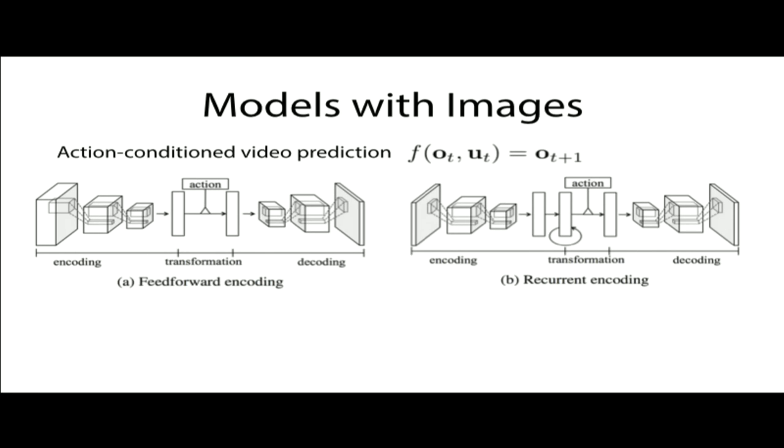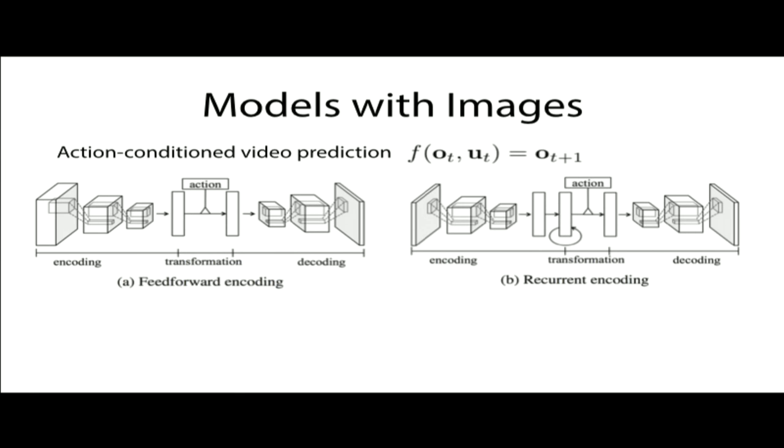They have two different variants on the model. I'll talk about them in sequence. The first model is a feed-forward encoding. It takes a sequence of the past K frames and has a convolutional neural network that concatenates those frames together and puts them through the network.